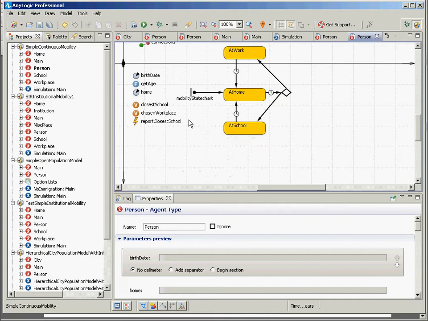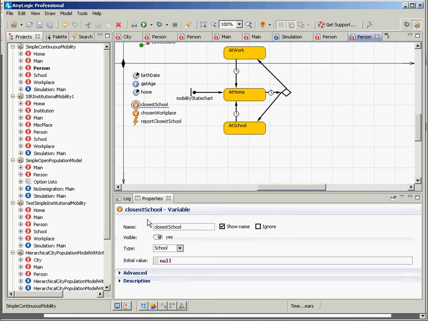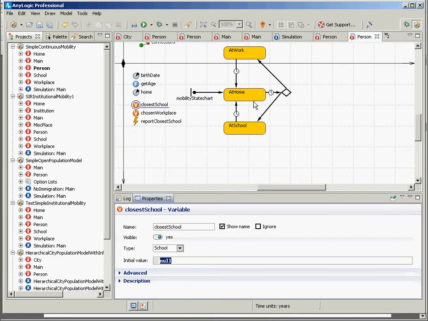And it was my tacit assumption, incorrect it turns out, because I wasn't thinking about it thoroughly enough, that by the time the closest school variable received its so-called initial value, which we had an expression for, finding the closest school, all these things were determined, and their x and y locations were set, their position was set.